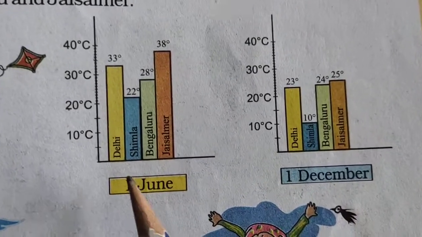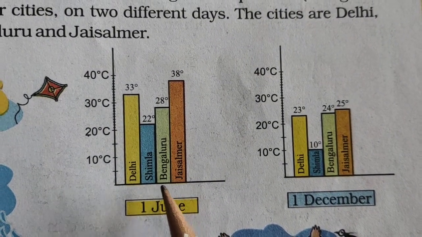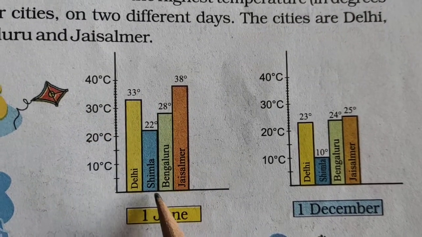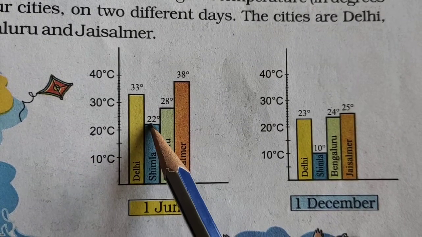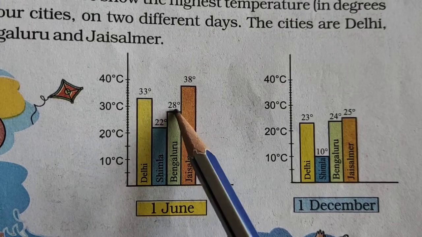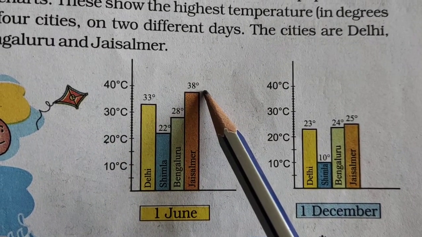So we are supposed to see that on 1st June Delhi's temperature was 33 degrees Celsius. Shimla was 22 degrees Celsius, here is 20, a little more than it, 22. Bangalore is 28 degrees Celsius. Jaisalmer 38 degrees Celsius.